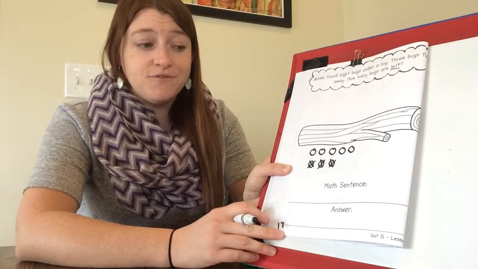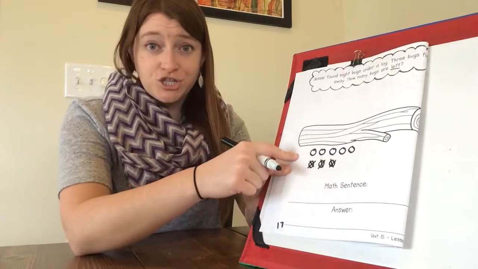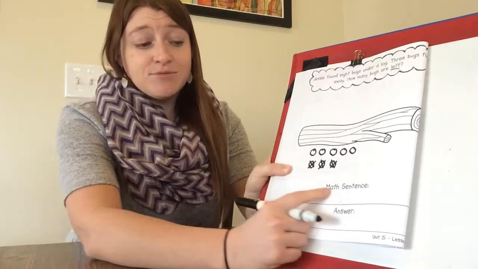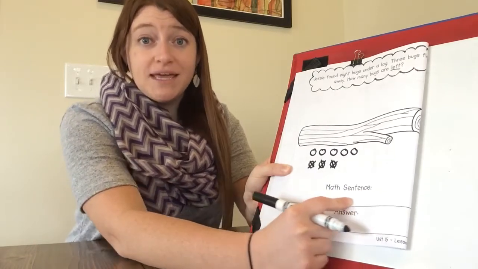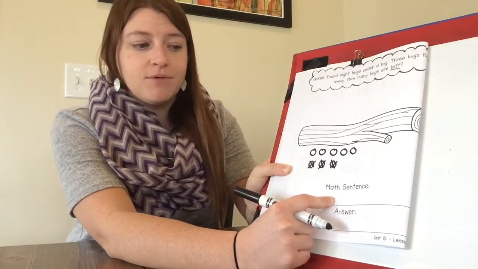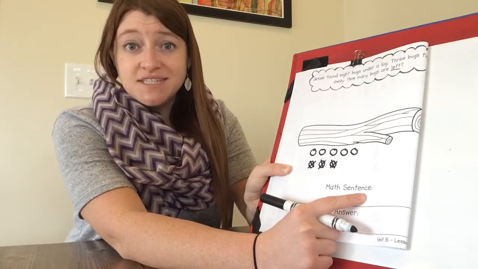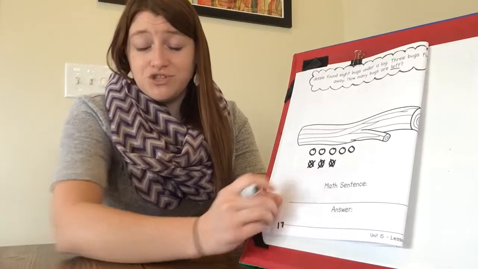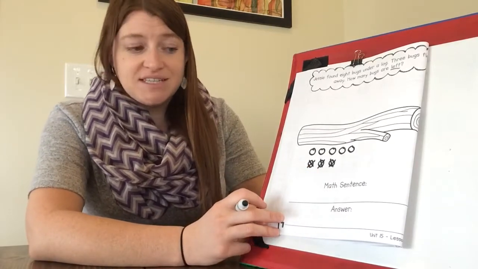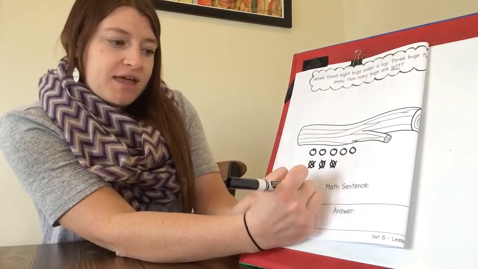5 bugs are left. We did a drawing to show our thinking, and a lot of times we also need to write a math sentence to show what was happening inside of our brain when we solved the problem. The math sentence uses symbols like plus signs and minus signs and equal signs. So because we're doing subtraction, we're going to write a subtraction sentence. We started with 8 bugs.